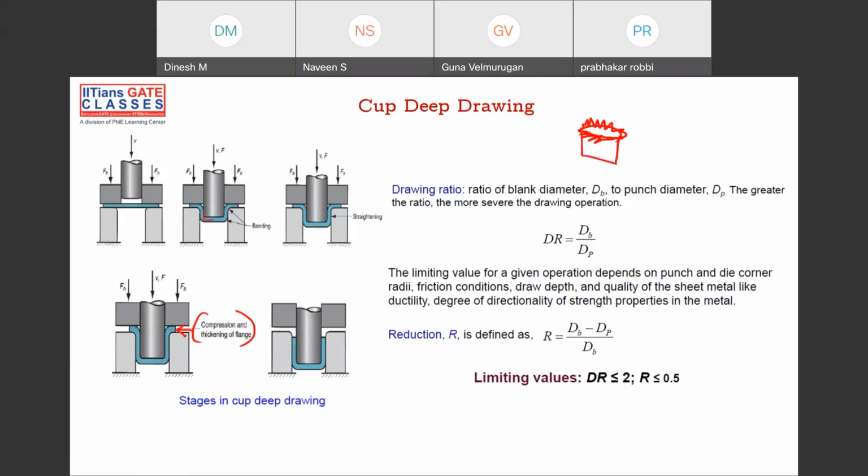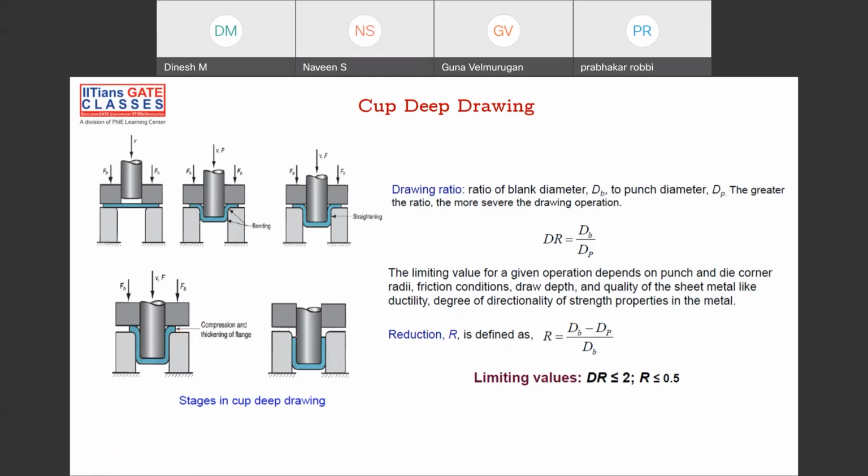This is what is called wrinkling. Did you see that anytime in this kind of sheet? This is compression. Everything is wrinkled, in the sense that it is compression and thickening of the flange. Compression is happening like this and like this, so obviously this thickening will happen.